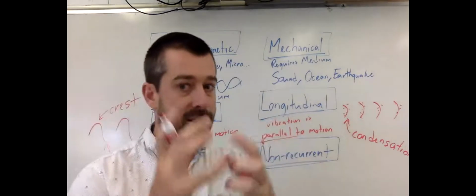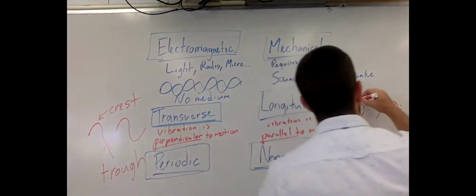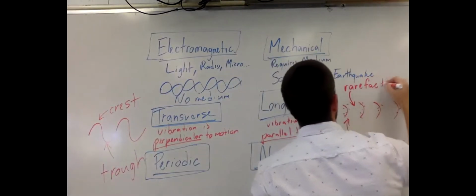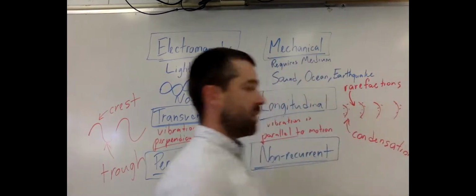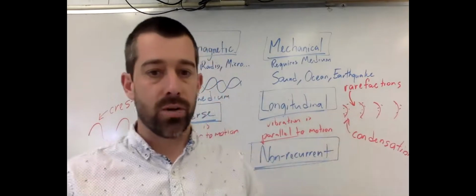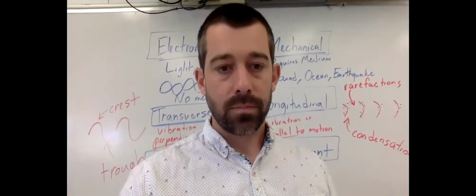It's being pushed together, it's condensed. And then in between them, we have things called rarefactions. That shows up on your vocab as well. Condensation and rarefaction. So just different words for describing longitudinal and transverse waves.